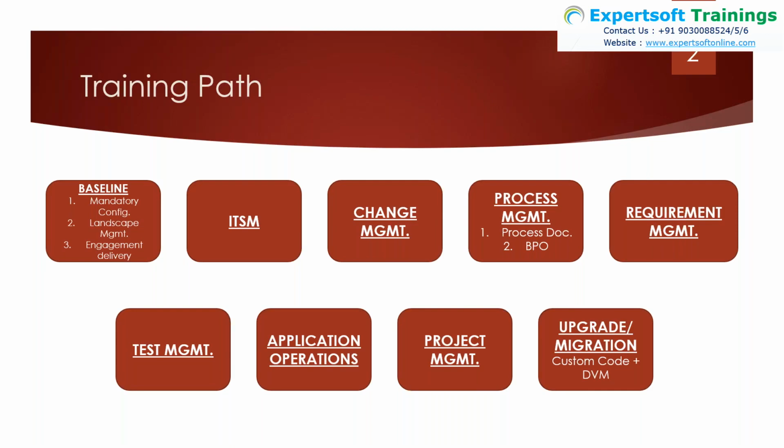So satellite systems are referred to as all other SAP systems, which we will integrate with Solution Manager in order to use functionalities like application operations, which is monitoring, or any other change management functionalities, risk management, any other functionalities. If we want to use, how do we manage the landscape? So that part will be available, and then the engagement and service delivery.